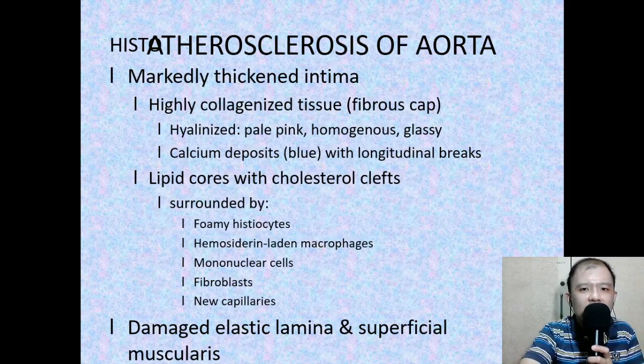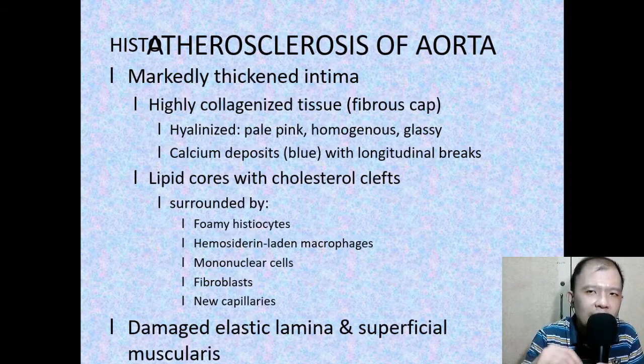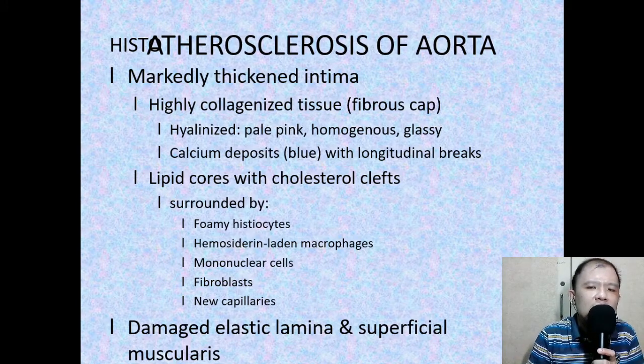Histologically, the intima is markedly thickened, of course, because of atherosclerosis. Okay? Atherosclerosis is not as simple as the fat lining up the blood vessel wall. It gets complicated because the fat becomes incorporated into the blood vessel wall.